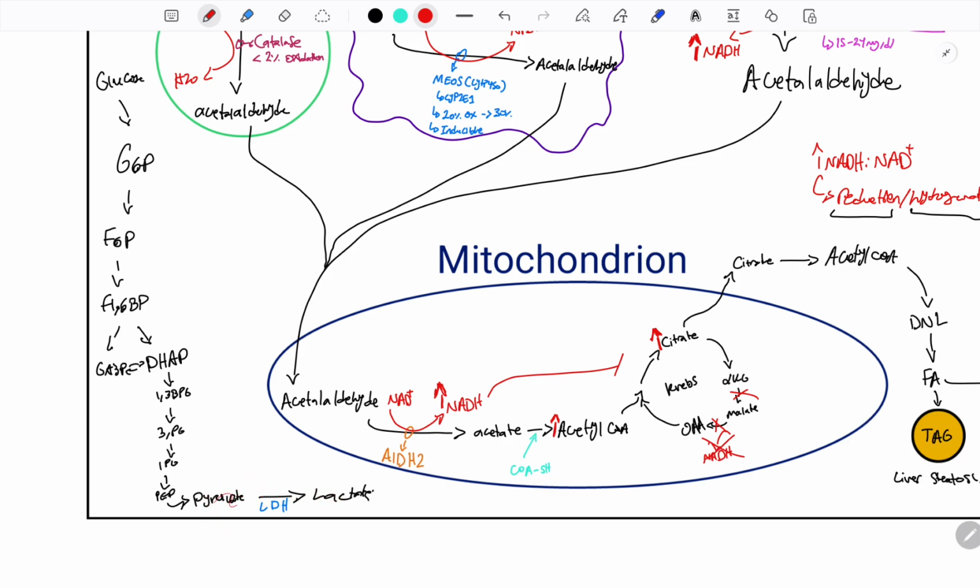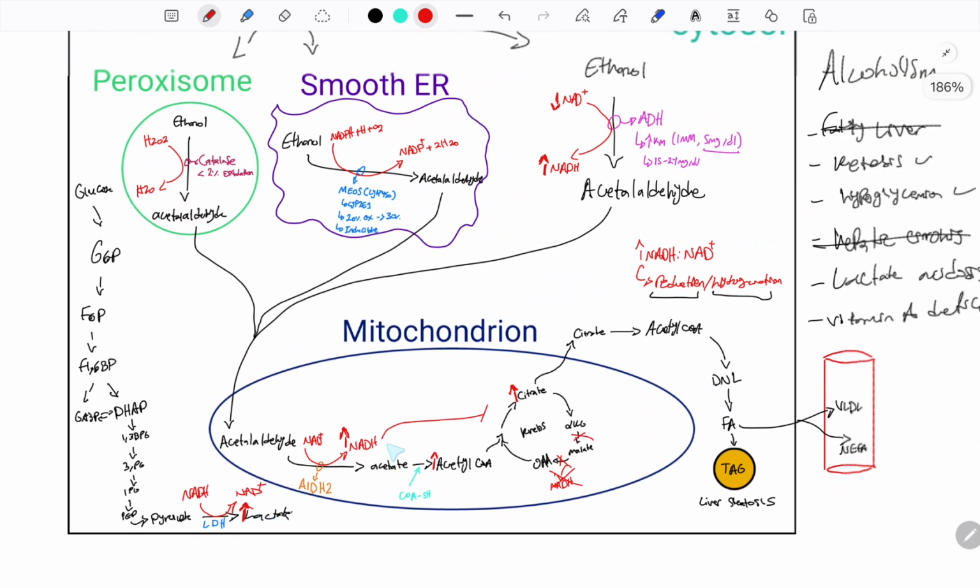Now, when I have high pyruvate and I also have a high NADH, you know what's going to happen? The NADH will participate in this reaction and convert the pyruvate into lactate. So now I will have high lactate levels, because the alcohol metabolism increased my NADH to NAD ratio.